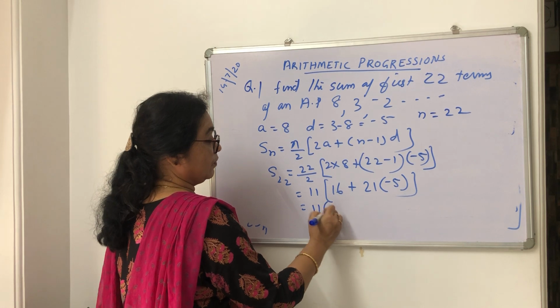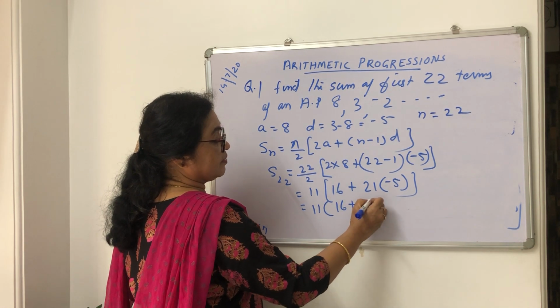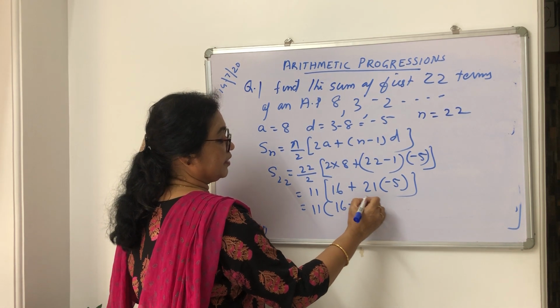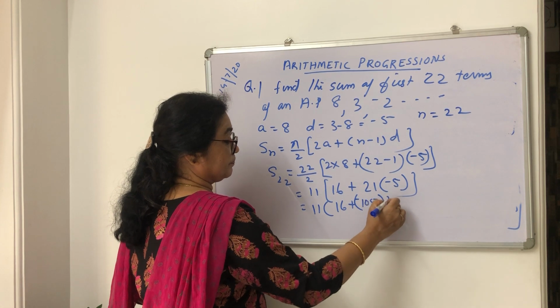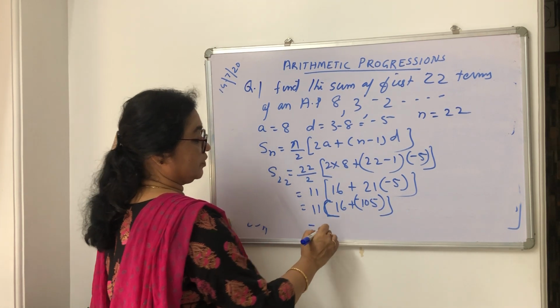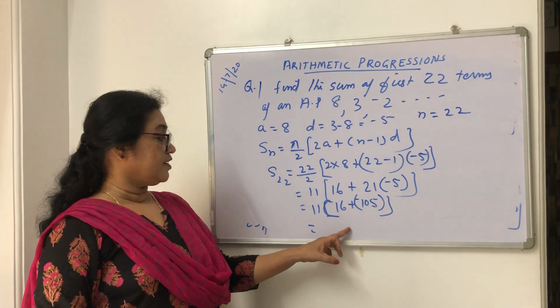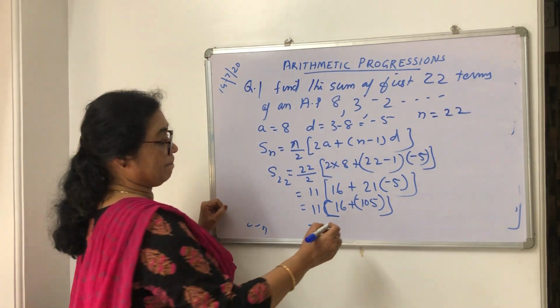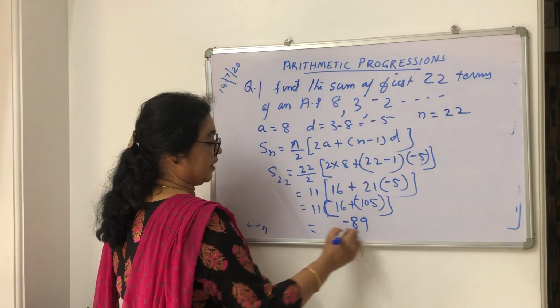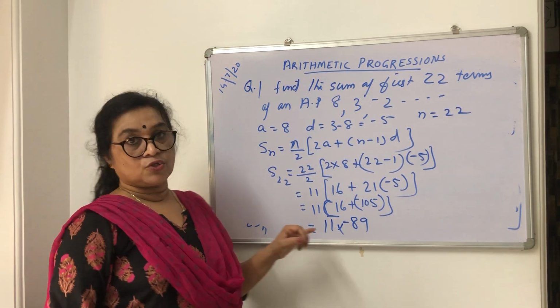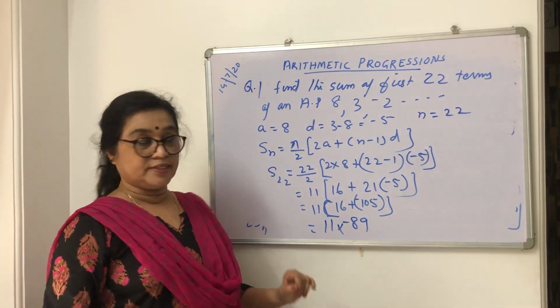11 into 16 plus minus 105. So minus 105 plus 16 is minus 89, into 11. So 11 into minus 89.